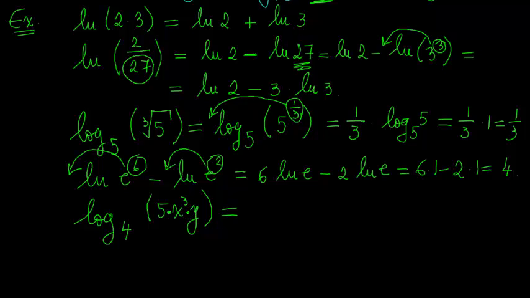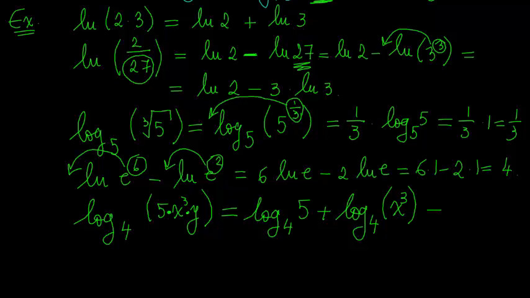So I can split this into 3 separate terms, all getting a log base 4 in front of them. So I get log base 4 of the first factor 5, plus log base 4 of the second factor x cubed, and then finally plus log base 4 of the final factor y.